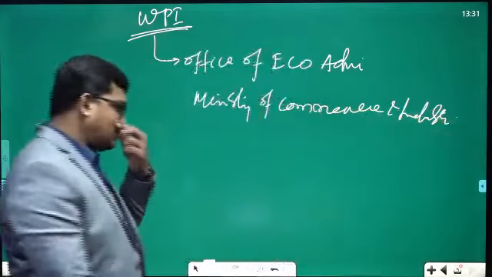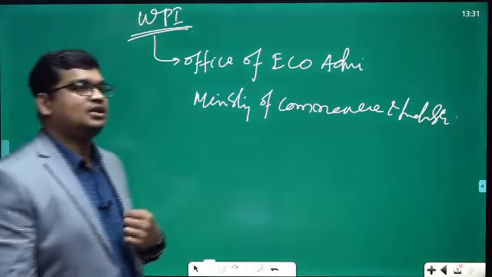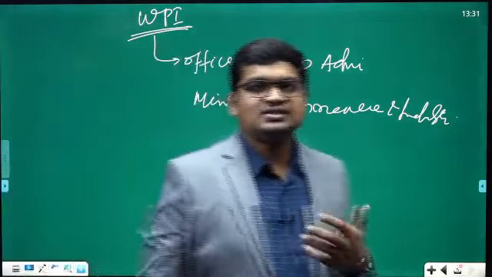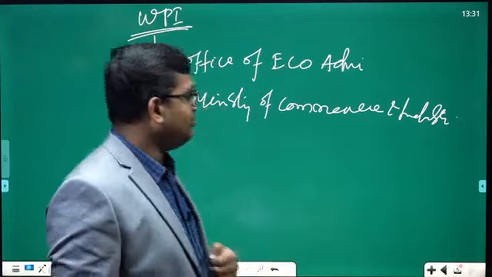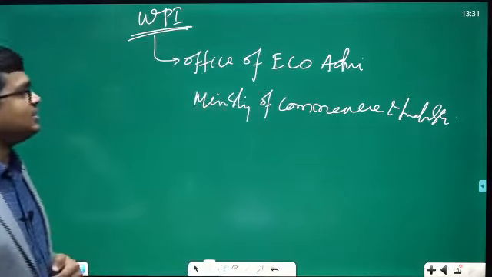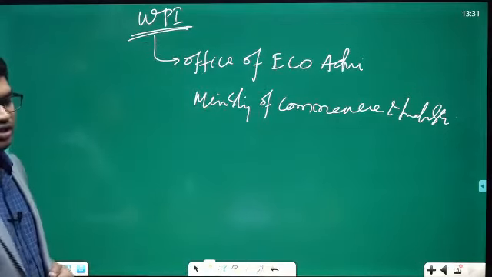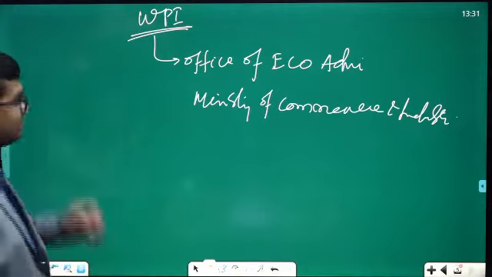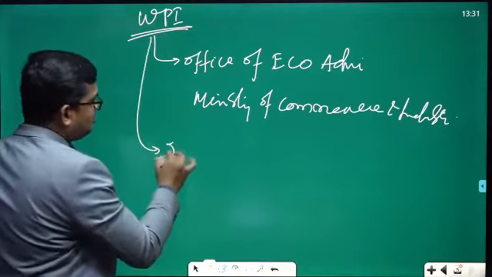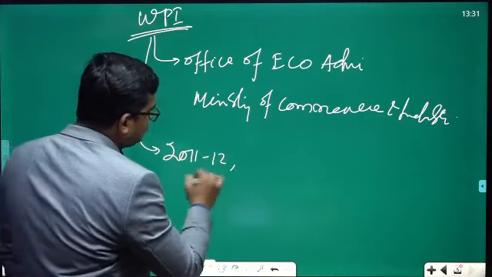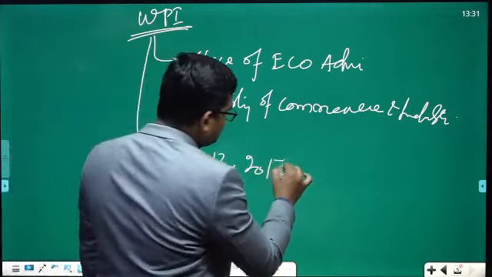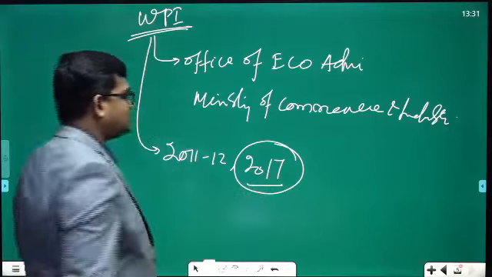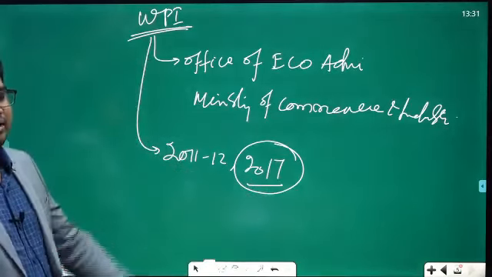They sometimes ask who is the nodal agency, who is the publishing agency. So please remember this: Ministry of Commerce and Industry, Office of Economic Advisor. The base year is 2011-12, which was revised in 2017.